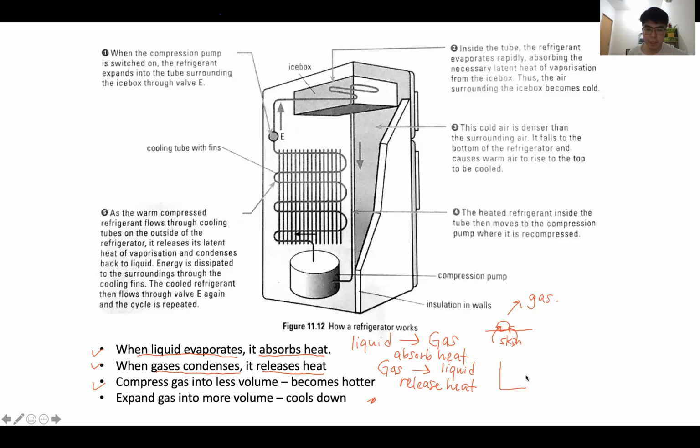You're forcing air from a larger volume into a smaller volume, so the particles take less space. The amount of particles is the same, but you're forcing them together. Sorry, not more heat, the temperature will rise.